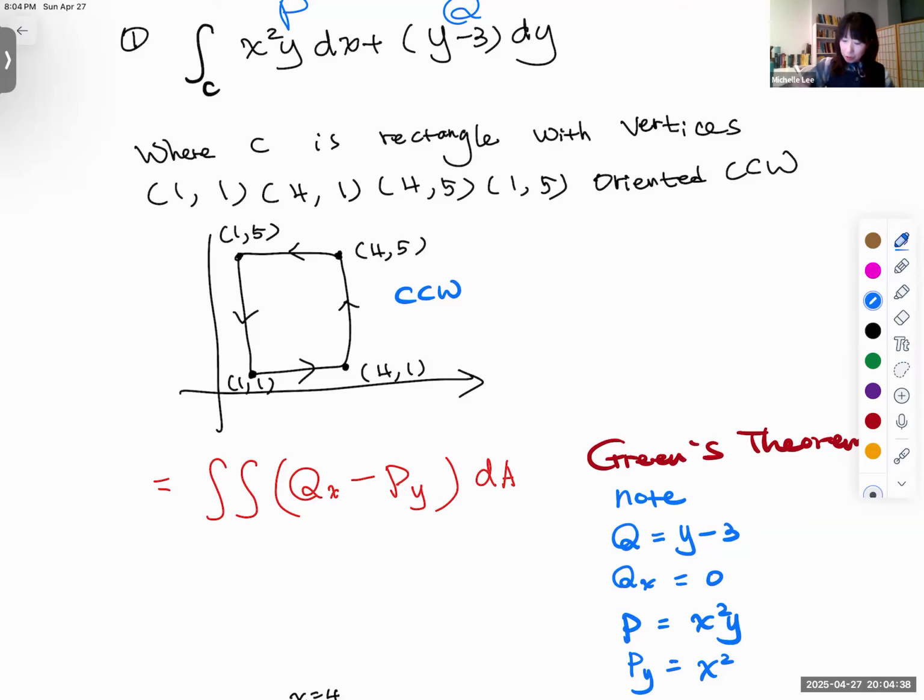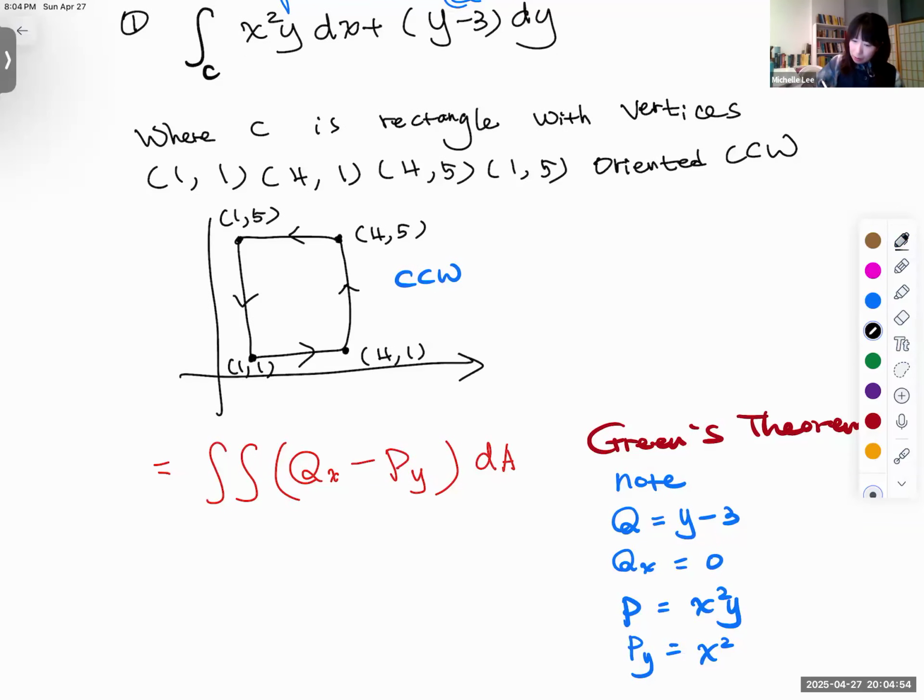Okay, now let's do this one. Looking at the axes, x goes from 1 to 4 and y goes from 1 to 5.